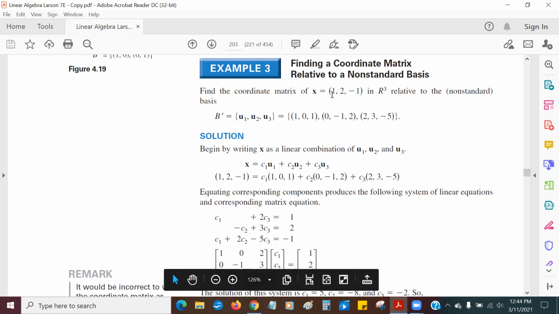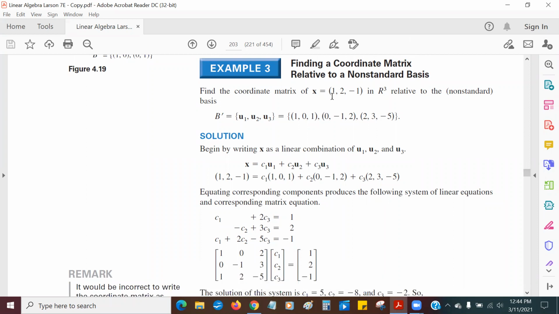Now we're given the coordinates in the standard basis, (1, 2, -1), and we want to find the coordinates of this vector in terms of this non-standard basis: (1, 0, 1), (0, -1, 2), (2, 3, -5).